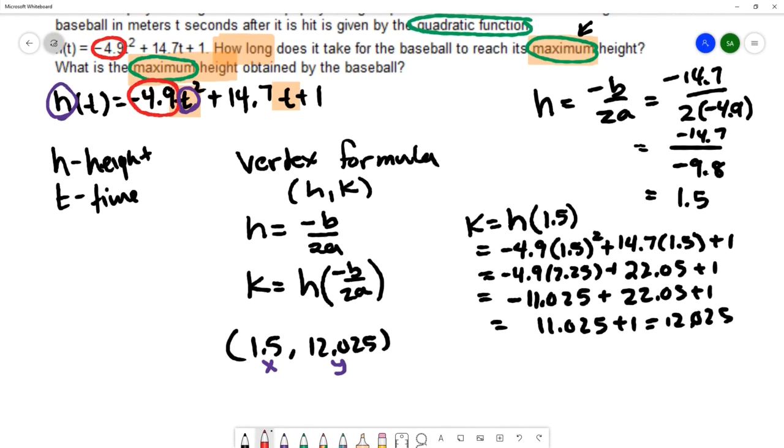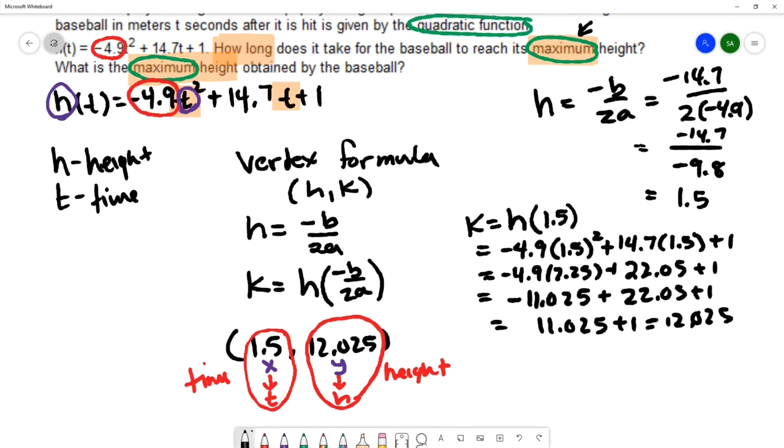So t is our x, our independent variable, and h is our y, our dependent variable. And so this 1.5 is referring to the time, and the 12.025 is referring to the height.